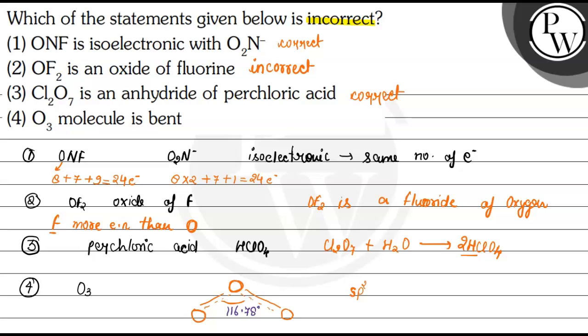That means it is not 180 degrees, so it is not straight. This is because of the lone pair present. Because of this lone pair, the angle is not 180 degrees. So O3 actually has a bent structure.